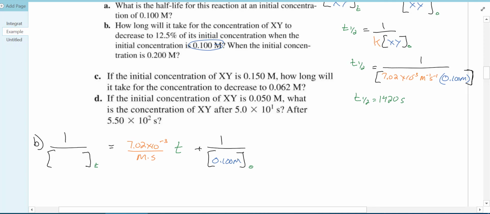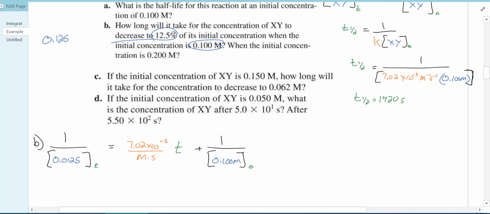So now I need to do 12.5%. How do I figure that out? Well, I just multiply by 12.5%, which is 0.125, right? And that makes sense, right? So we multiply 0.125 times 0.1, and I get 0.0125.